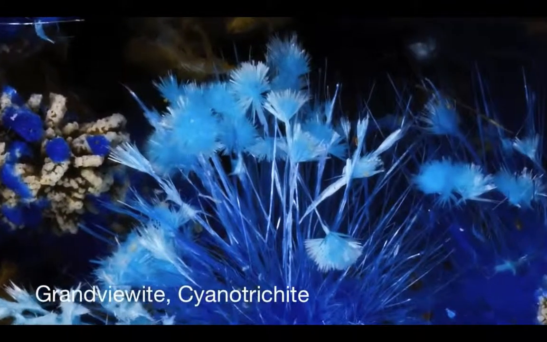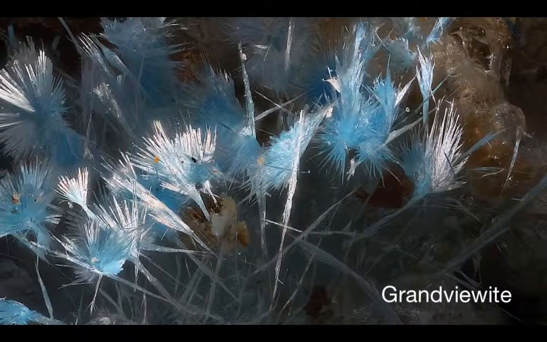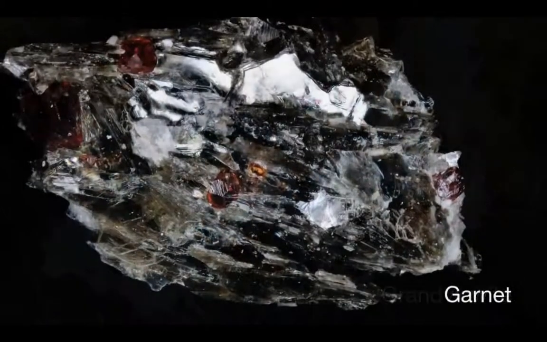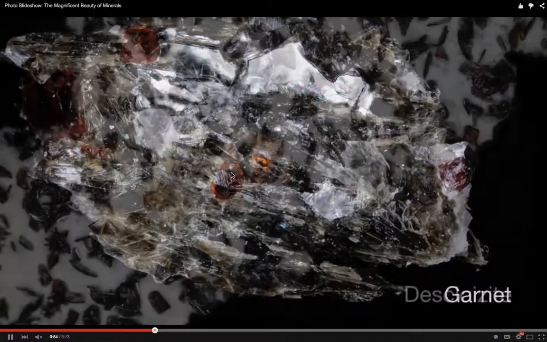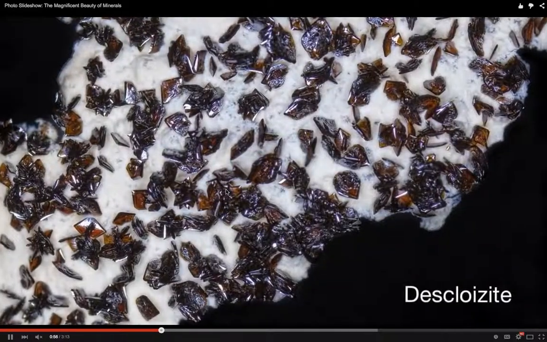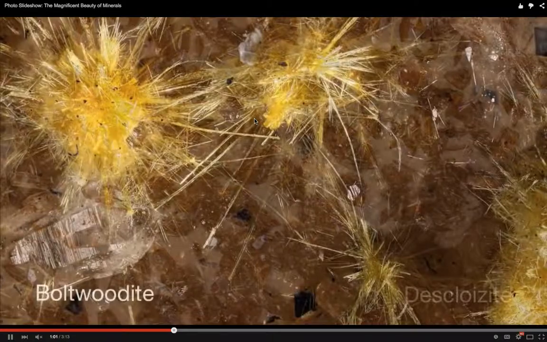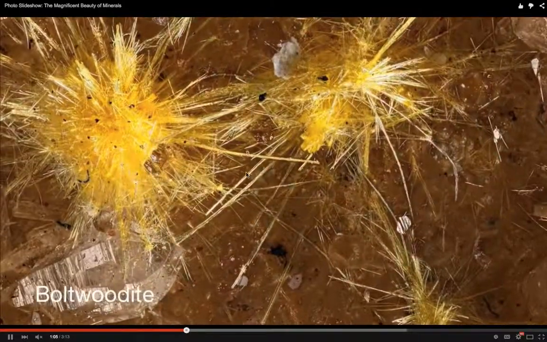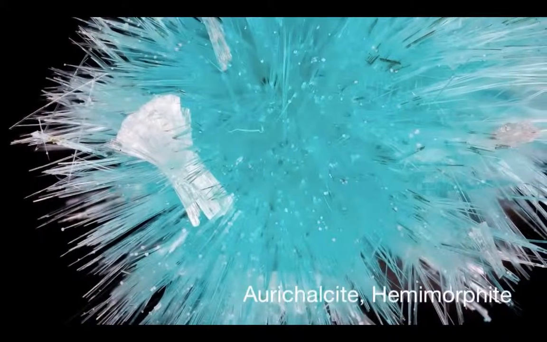And in the pictures, you see that some look very delicate in their crystal structure, how the crystals grow. Here, the garnet is this red one. The other one is mica. And you see that sometimes minerals are embedded into other minerals to form very beautiful specimens.